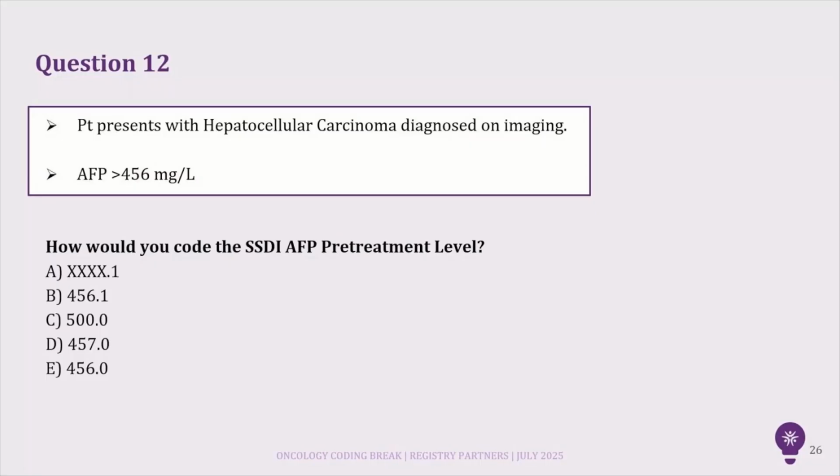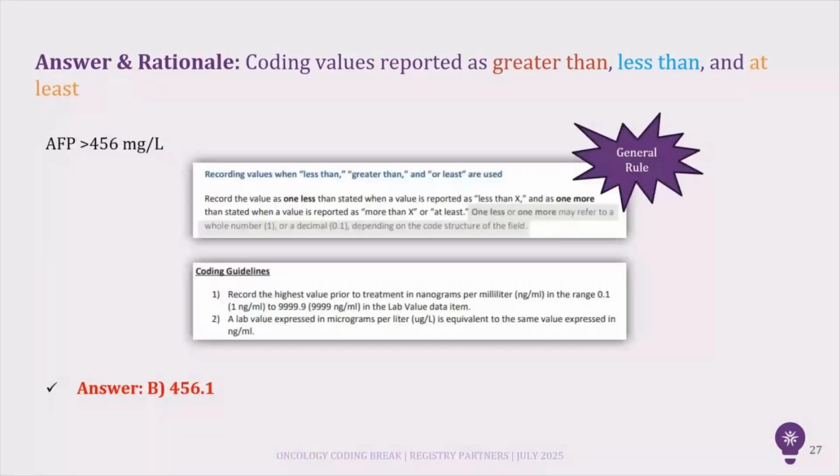So we have general instructions for the SSDI manual, and it tells us when you're recording less than, greater than, or at least. So it tells us if it's more than, which is this scenario, we're going to go one higher. Okay, and it depends on the actual SSDI if you're going to go one higher or 0.1. So it's going to be 1 unit higher.